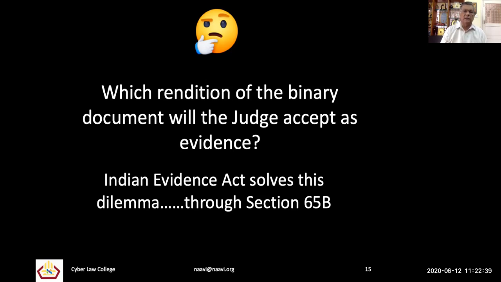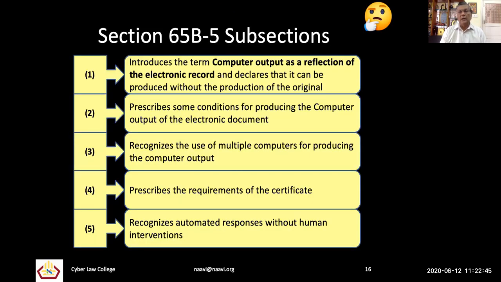This is solved by the Indian Evidence Act through Section 65B, and that is why this is a great section to be there in our law, and under no circumstances should any court think of making any modifications to this Section 65B as it exists today.